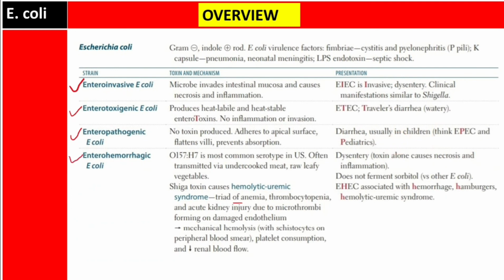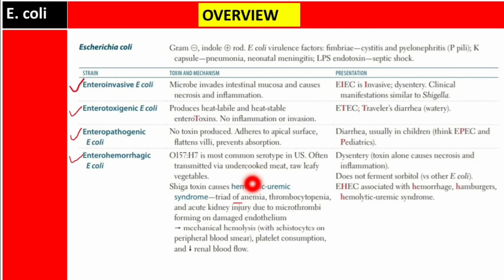And the last one, enterohemorrhagic E. coli or EHEC. I told you about this strain, O157:H7. This one is the most common serotype in the United States, and is often transmitted via undercooked meat and raw leafy vegetables.